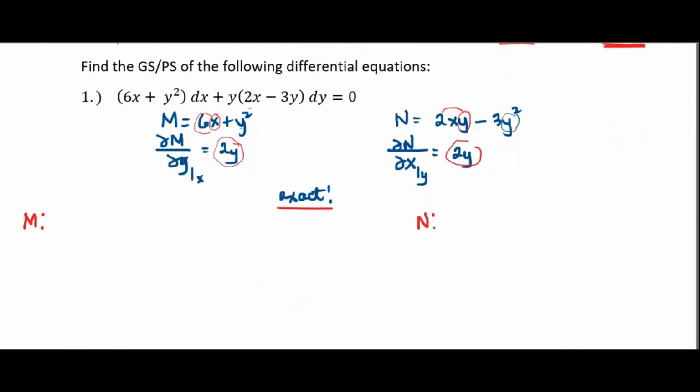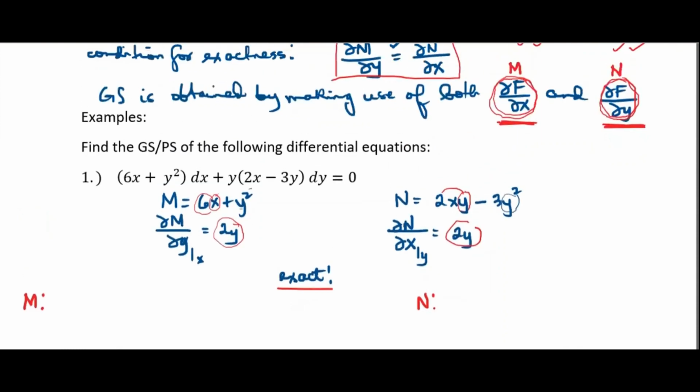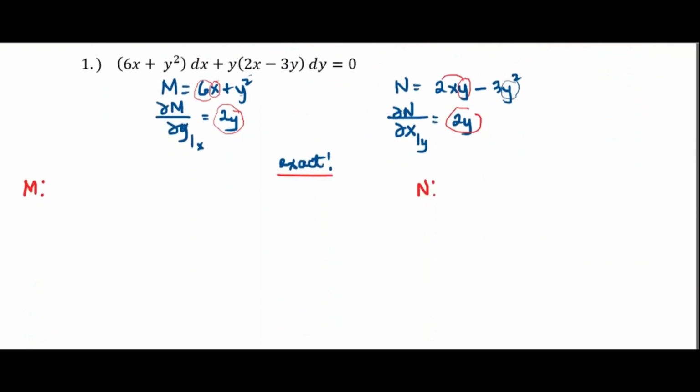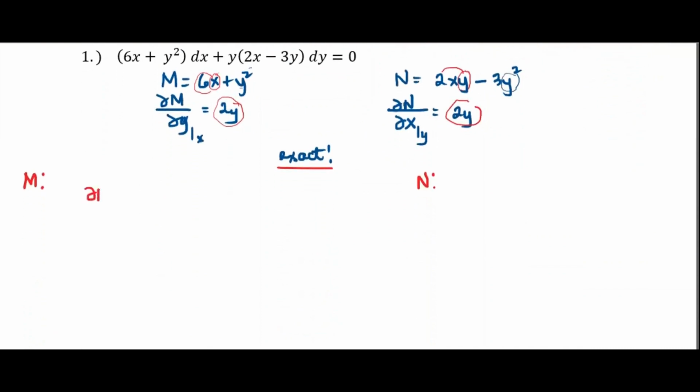Okay. So, mag-start ako doon sa left side, yung M. Ito ang M ko. Partial of f with respect to x. Sabi sa atin, yan yung M, and that is equal to 6x plus y squared.